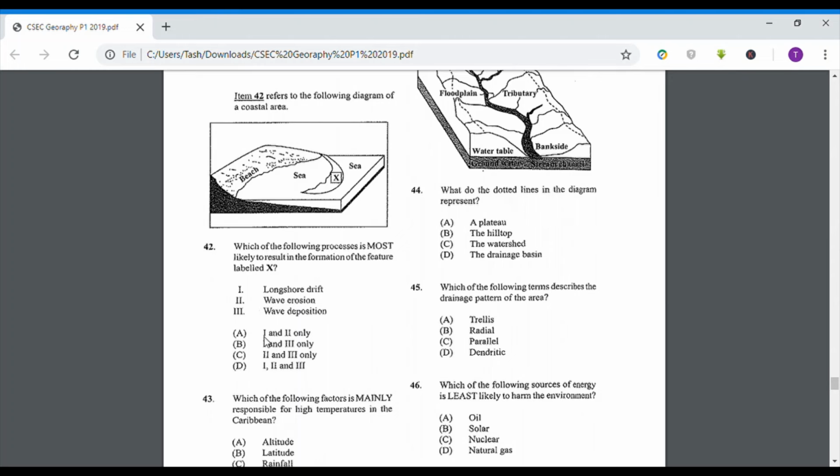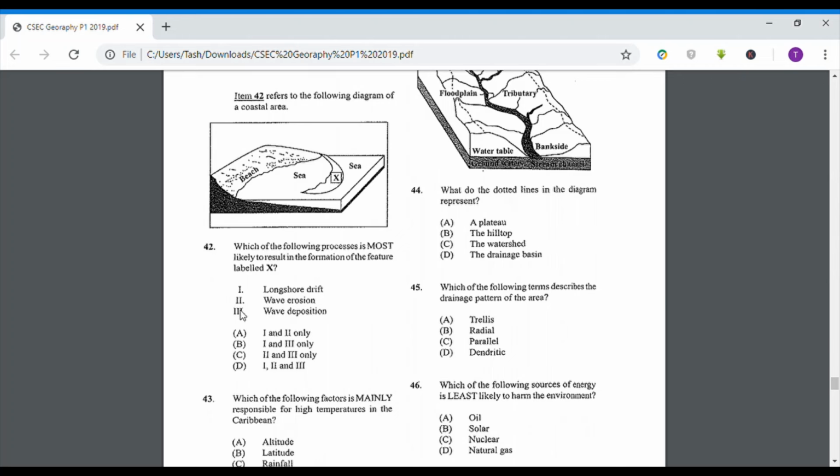So far, letter A would have been out, and letter D would also be out. So we are left with 1 and 3. C would also be out because it has 2. So since it cannot be erosion, we are left with 1 and 3.